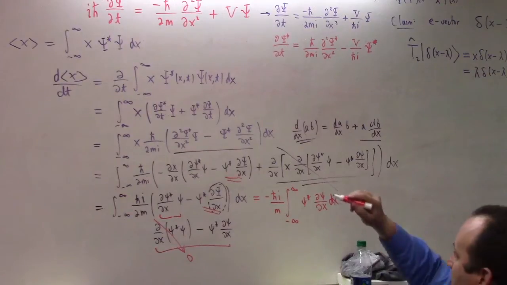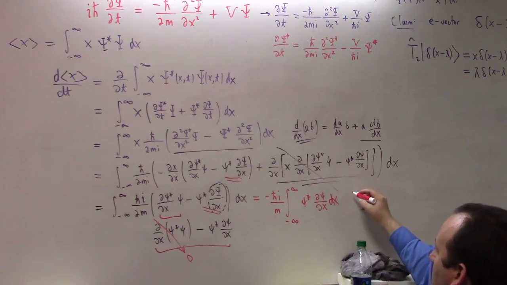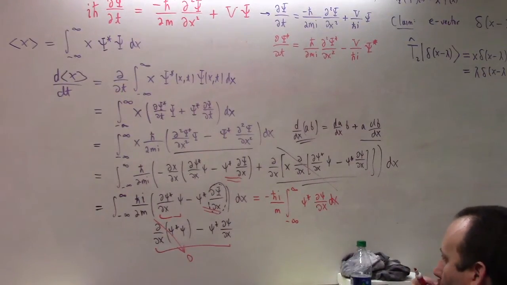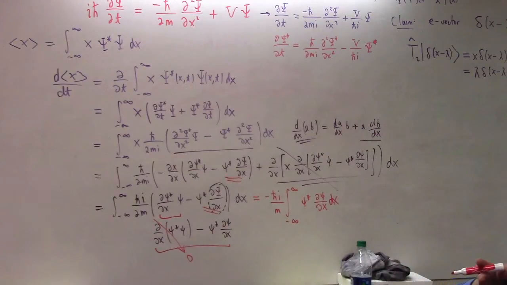Now, incidentally, oh man, this is really cool. Do I have the m there? Is that right? There was no m on the other side of Schrodinger's equation, is there?